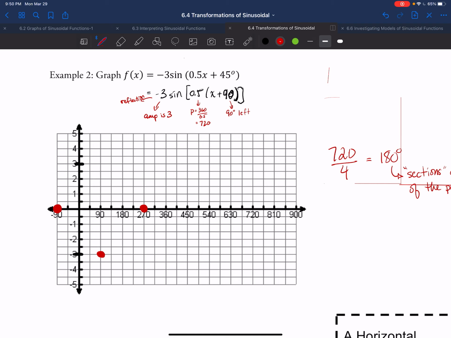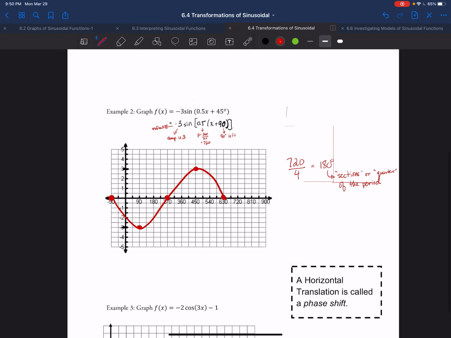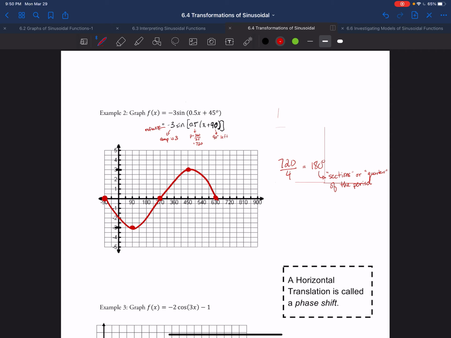So 180 degrees, or 4 boxes in this case, to my maximum point, and then to the minimum point. So this would be one cycle. That was pretty terrible. One cycle of that function.